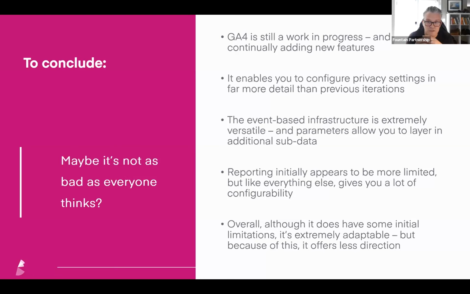Not automatically. Custom parameters can pull data out of the data layer and then send it on over to GA4. But if you want that information to be sent to GA4, you could either use something like Tag Manager to identify the data from the website directly, or you could have your developers implement that extra data into the data layer for you.